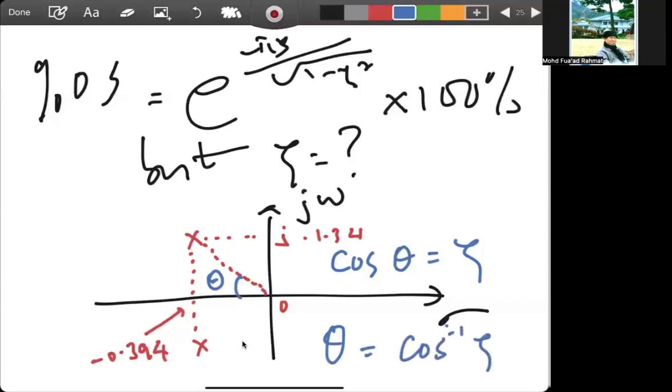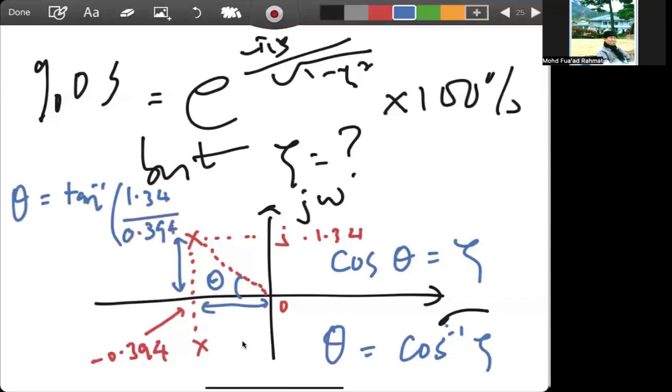Okay, so we have to find this theta value. So this theta value actually is this length divided by this length. Okay, so theta is equal to arctangent 1.34 divided by 0.394. Okay, so this one will give you 0.281.